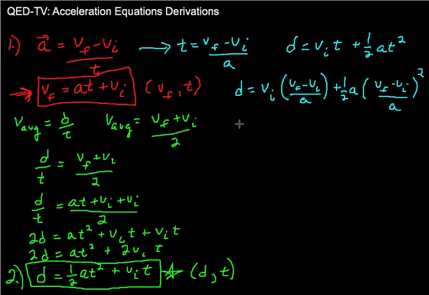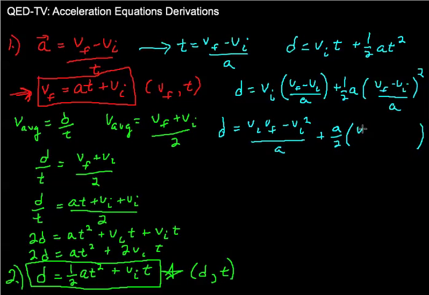We're going to get d. I better come over here a little bit more. d equals, we can distribute this Vi through here, so we're going to get Vi times Vf minus Vi, squared, right, all over A, plus, and 1/2 A we'll write as A over 2 times, okay, so we're going to try to square this whole thing.